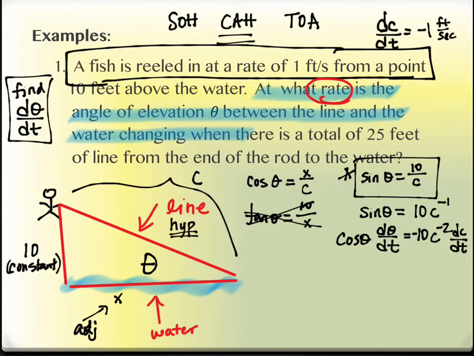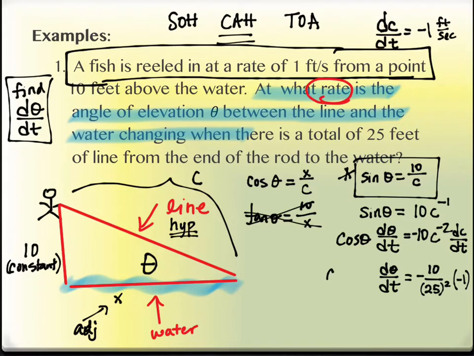So that's the question. The only one that's going to stay unknown is the d theta dt. We actually know c. At the given point in time, c is 25, so that's 25 squared as the denominator. And dc dt is negative 1.